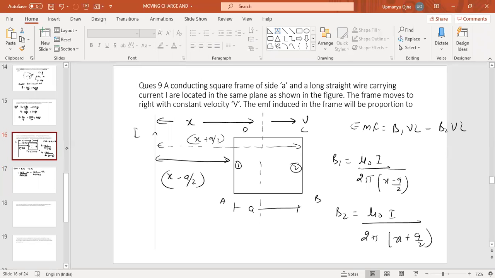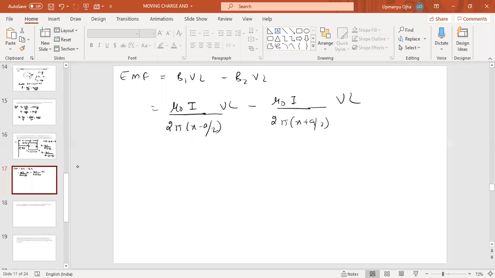Since the length is the same and velocity is the same, we can take VL common. Now we can take mu naught I VL by 2 pi as common, leaving 1 by (x minus A by 2) minus 1 by (x plus A by 2).